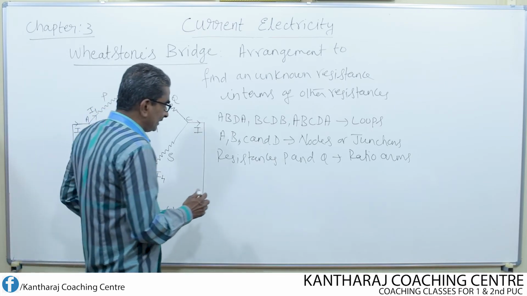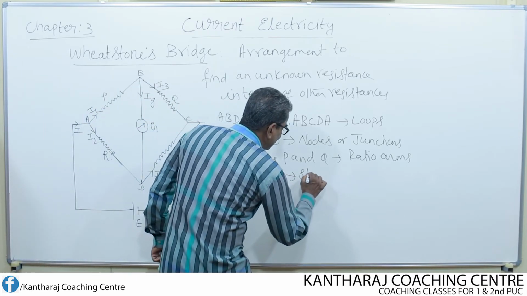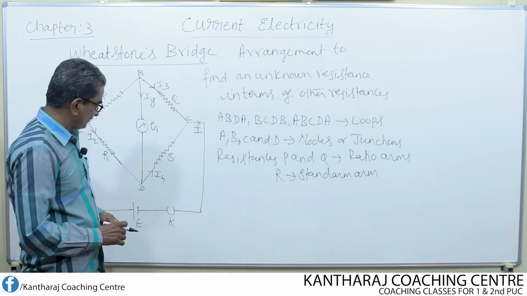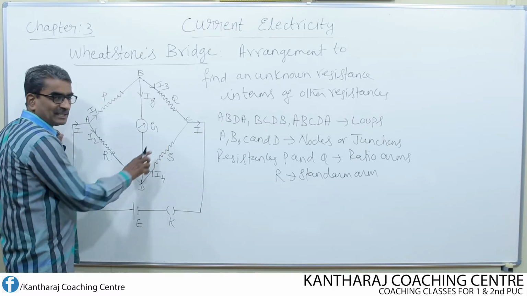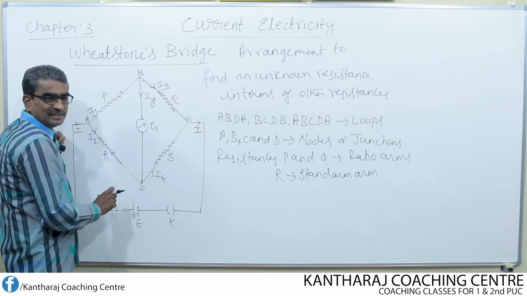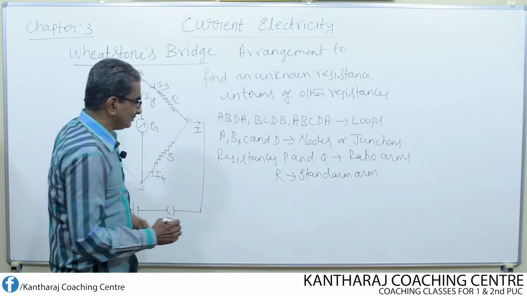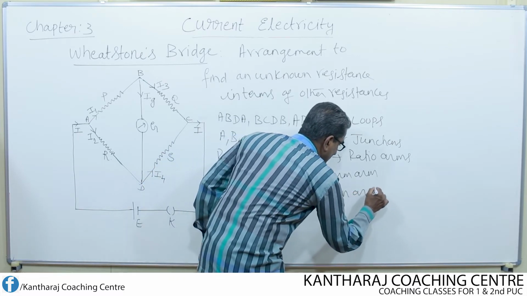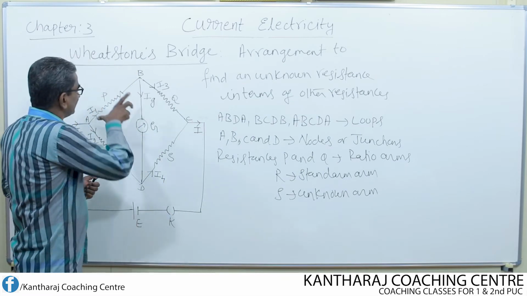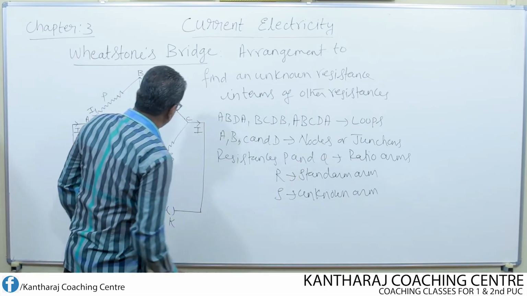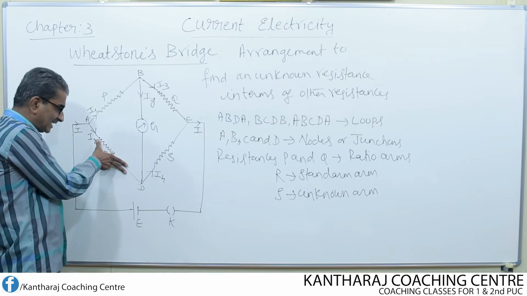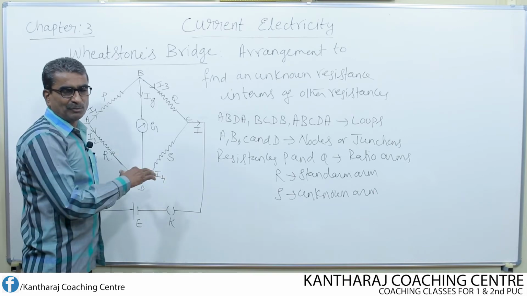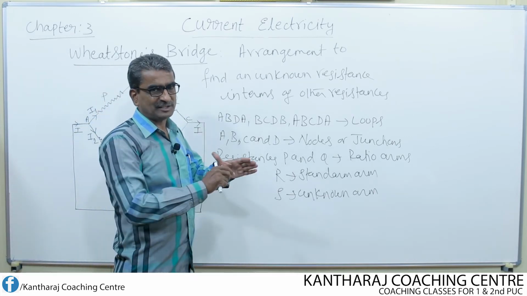So R is nothing but the standard arm. What about the resistance S of the branch DC? This is nothing but the unknown arm. So these two branch resistances are known as ratio arms, this branch resistance is known as the standard arm, and this branch resistance is nothing but the unknown arm. Arm or branch, both are taken in the same sense, almost the same meaning.